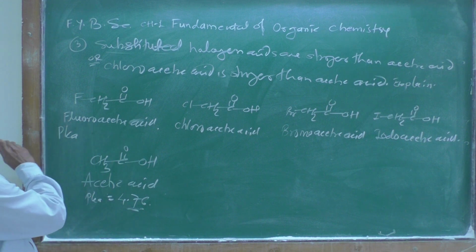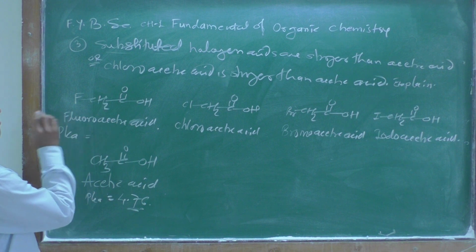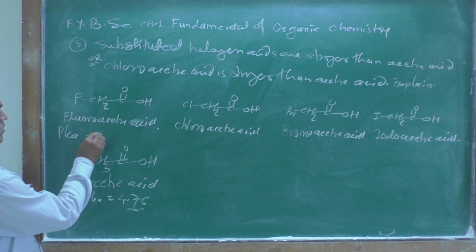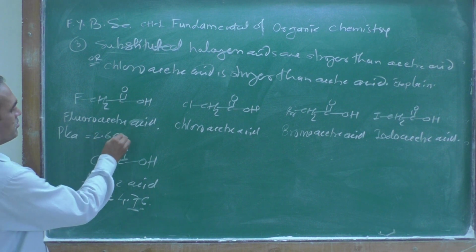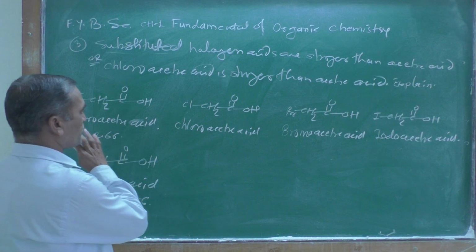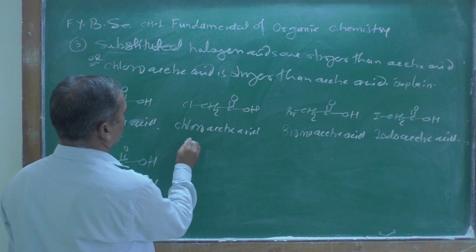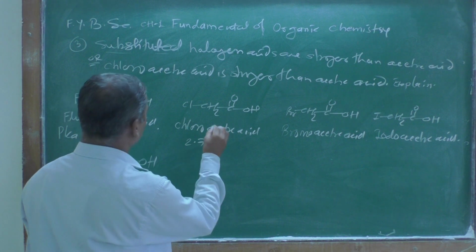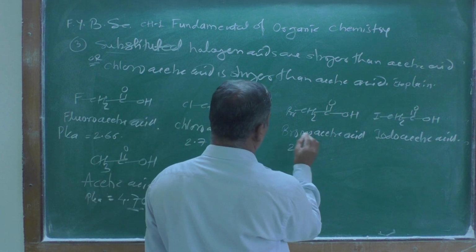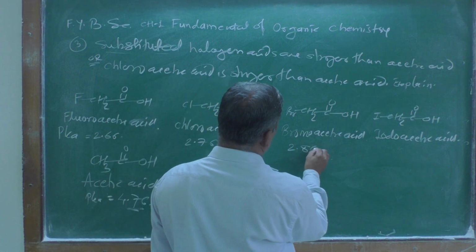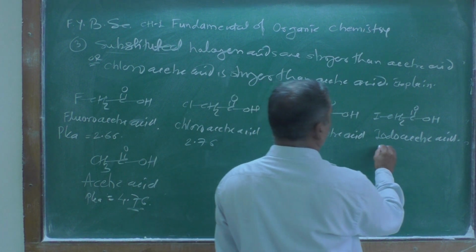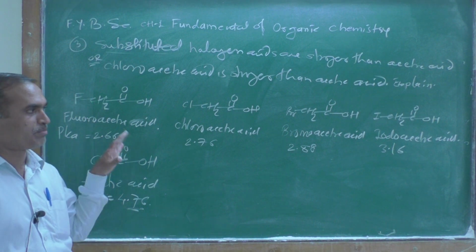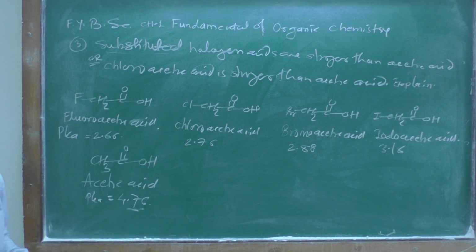So fluoroacetic acid has a pK value of approximately 2.66, chloro has 2.76, bromo has 2.88, and iodo has 3.16. These are approximate values I am producing here.